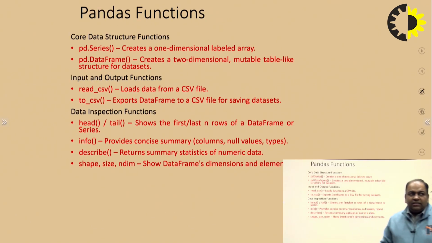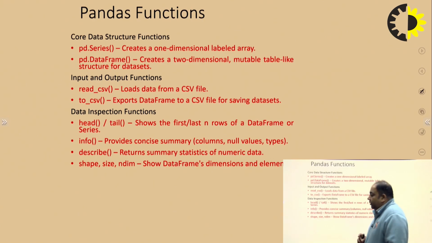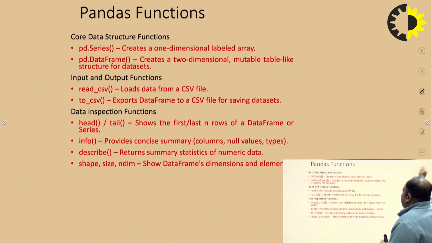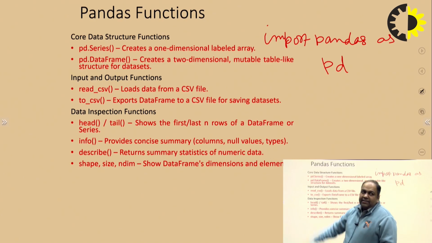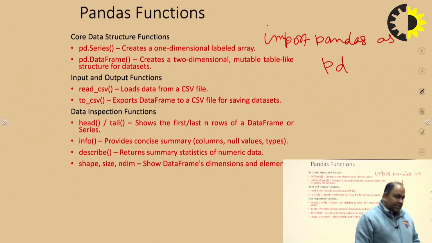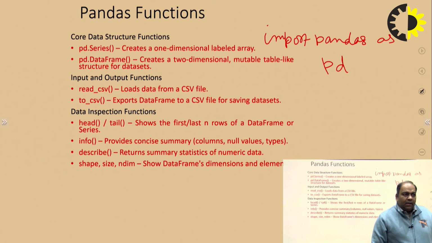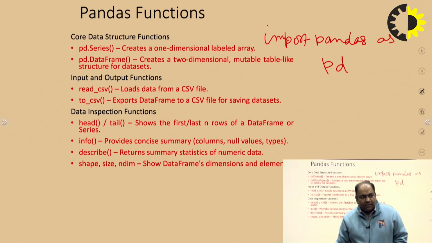Its functions consist of, like what we do in NumPy, import numpy as np. The same we do with pandas: import pandas as pd. For core data structure functions, we use pd.Series and pd.DataFrame. We also use the short form of data frame, which is df.